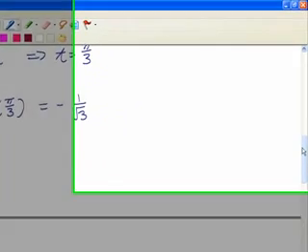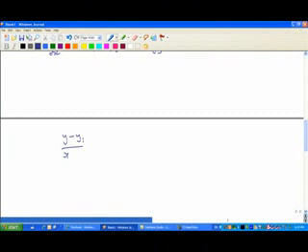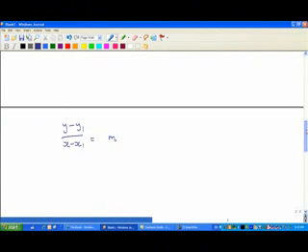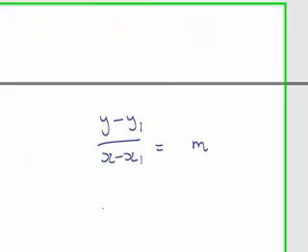Now, after I get the value of dy/dx, we can start to find the equation of the tangent. The equation of tangent I usually use is y minus y1 over x minus x1 equals m, where m is the value of the gradient. Some students may use y equals mx plus c, but the choice is up to them. So we have y minus y1.